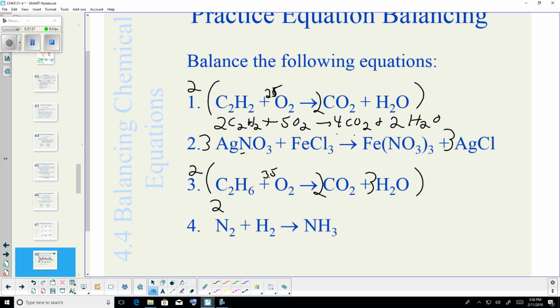So it's 2C2H6 plus 7O2 goes to 4CO2 plus 6H2O. Then you check it. 4 carbons, 4 carbons, 12 hydrogen, 12 hydrogen, 14 oxygen, 8 and 6, 14.